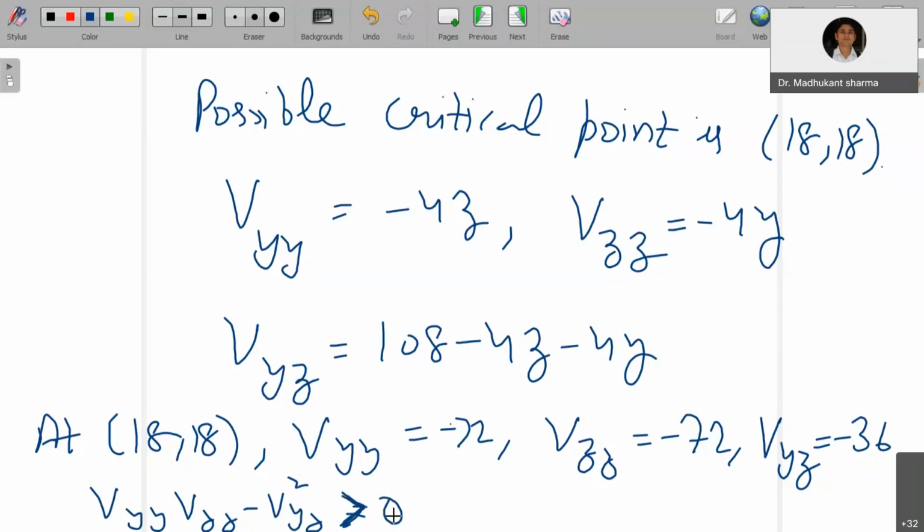So it has a maximum or minimum. But vyy is less than 0, so this tells you that 18, 18 has the maximum, by the second derivative test.